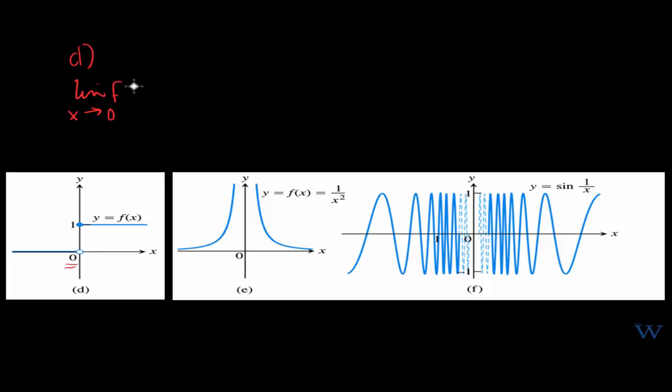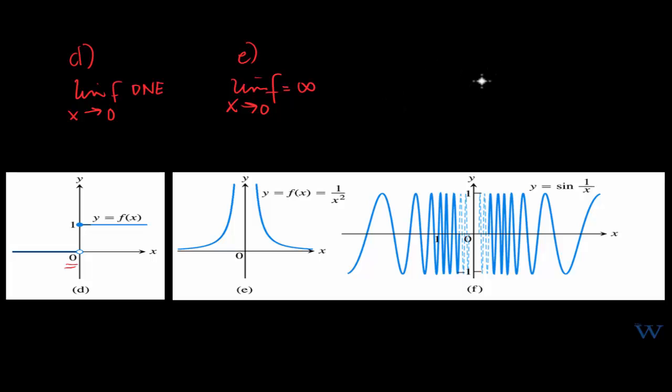We have seen that this does not exist because its two-sided limits do not coincide with each other. What about this function? Let's look at E, the limit of f as x approaches 0, coming from the left and from the right. Here, it's not a number, it's plus infinity. So again, it does not exist. We'd say the limit is at infinity, and we'll talk about that in the next section.